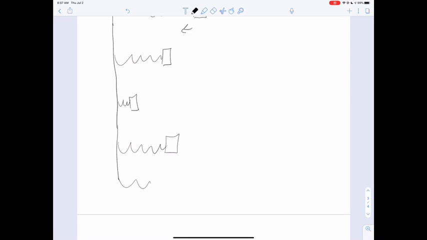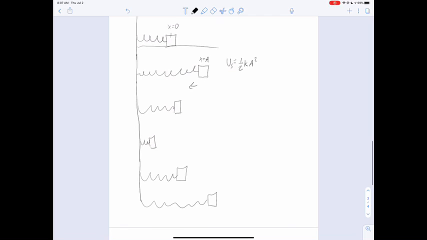Then it's going to go back towards equilibrium and overshoot again and go back to A. And that's what we call this oscillating motion, where the spring block system keeps going from maximum displacement on the right side to equilibrium to maximum displacement on the left, and so on and so forth.